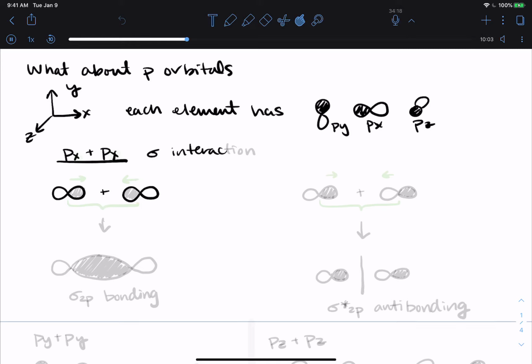So the MOs that I get from combining the px orbitals will be sigma MOs. All right, so let's do my in-phase combination first. And then to the right of that, we'll do my out-of-phase combination.